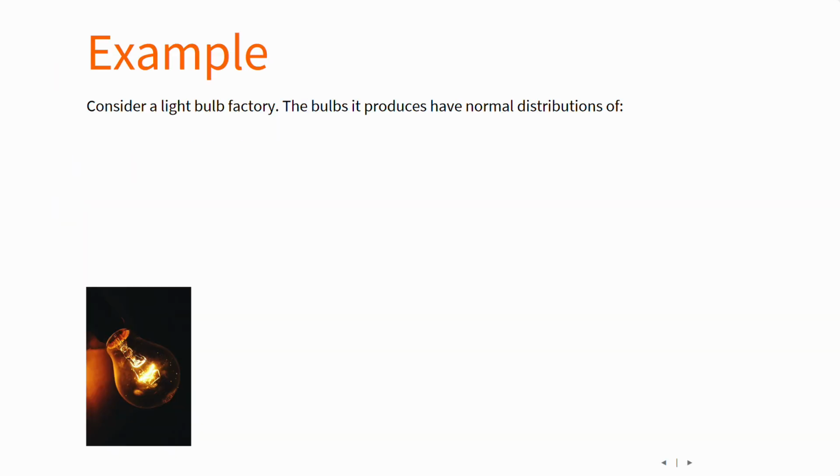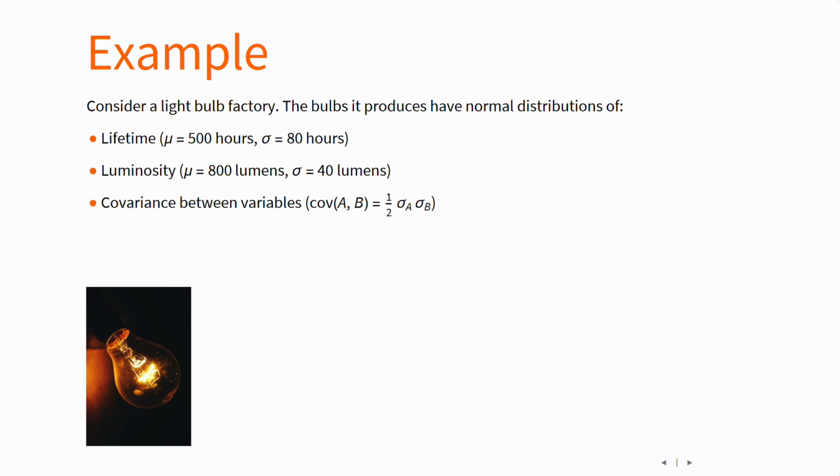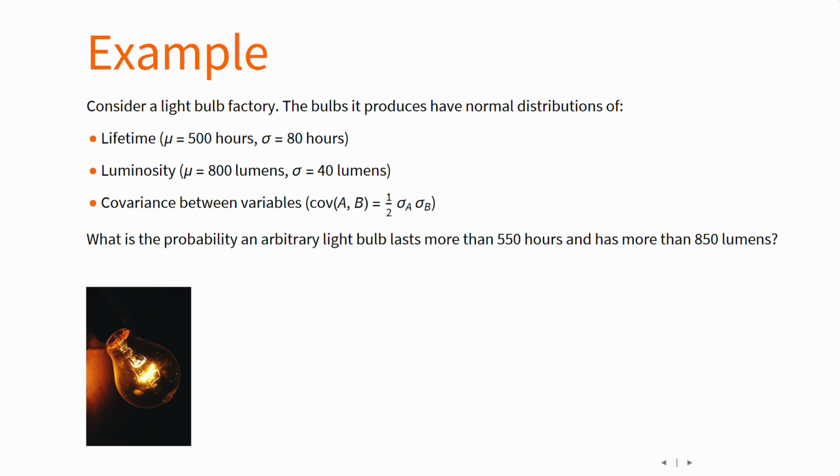Consider a light bulb factory. The bulbs it produces have normal distributions for lifetime and luminosity, seen here with their covariance. What's the probability an arbitrary light bulb lasts more than 550 hours and has more than 850 lumens? Let's assign the deviations to variables.